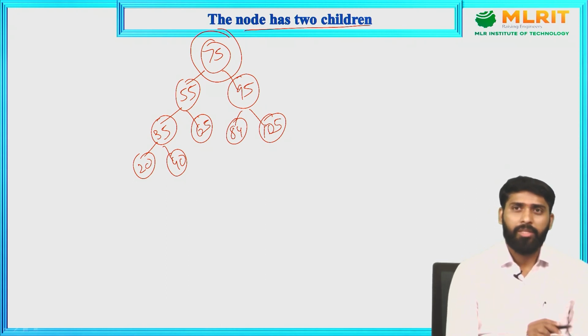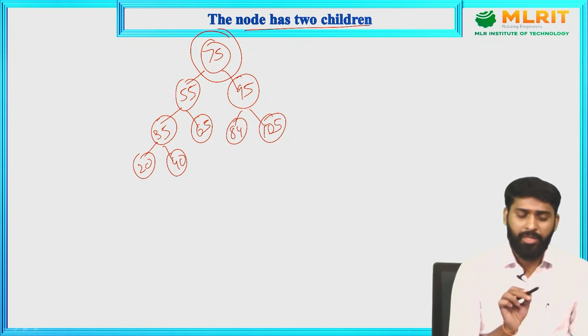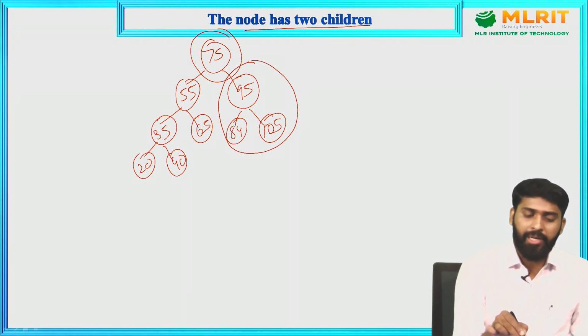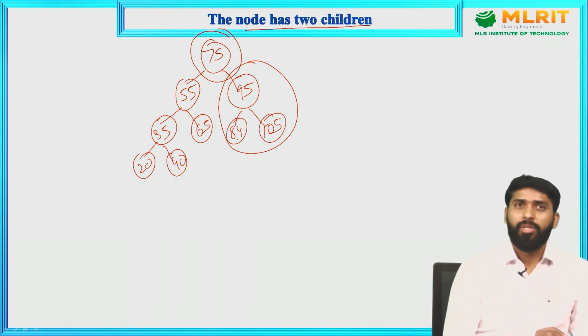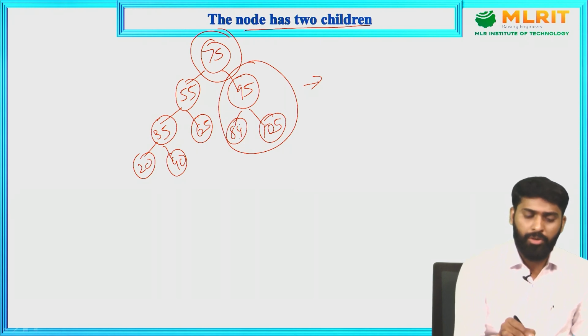Here the solution is, for 75 we identify the successor. Successor means identify the minimum number on the right side. Now what is the minimum number on the right side? 84. So copy this 84 into the root node.